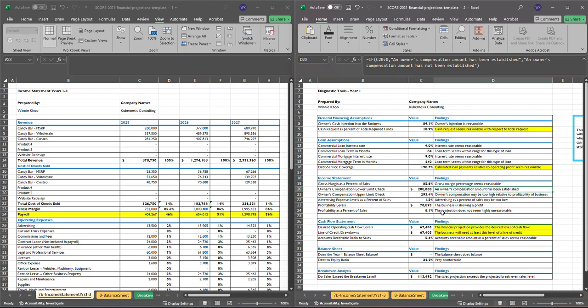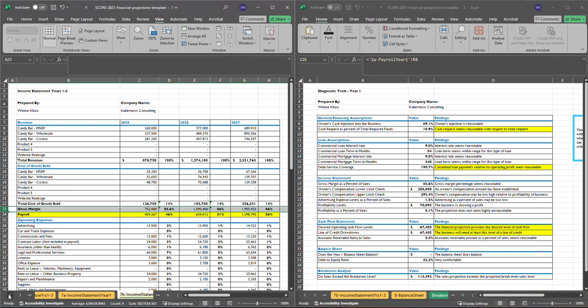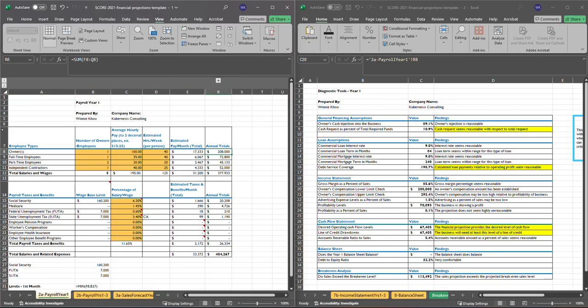Mine is 208, from the payroll tab. If you're paying yourself at all, then it passes this diagnostic. If not, then an owner's compensation amount has not been established, so that's something you will want to establish as an owner.